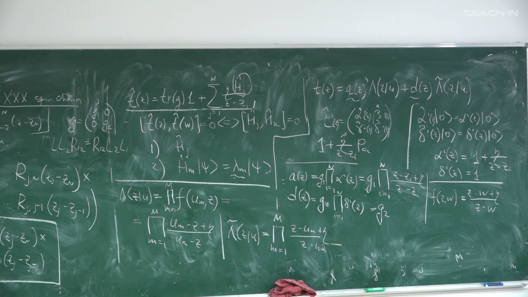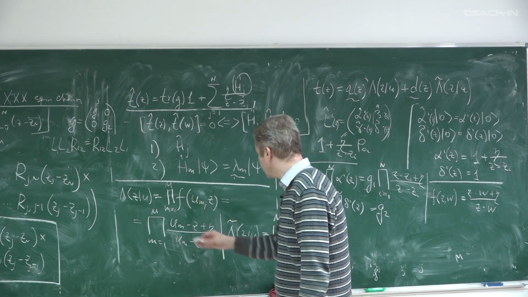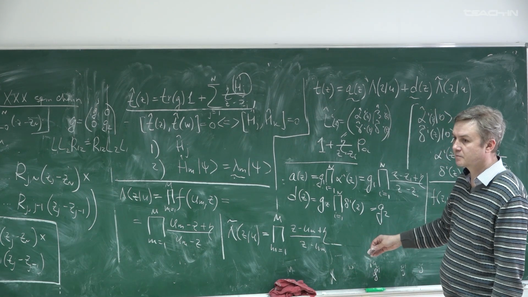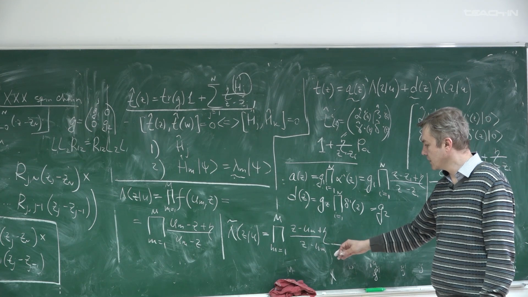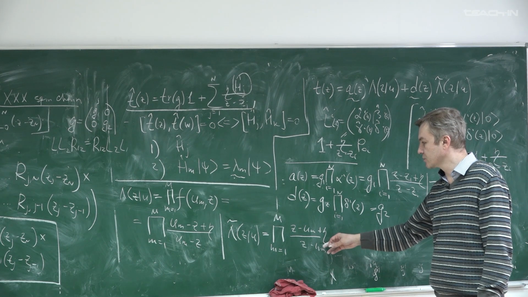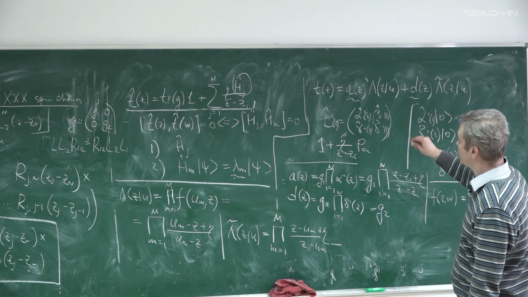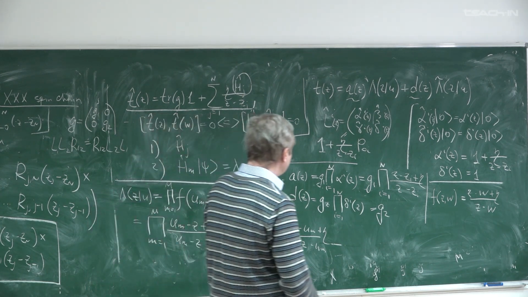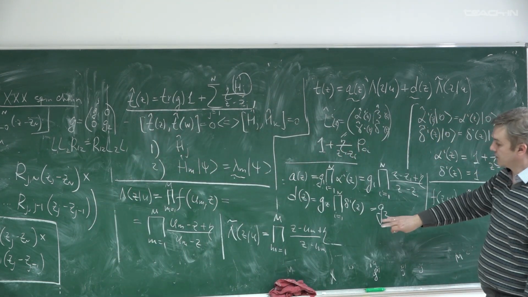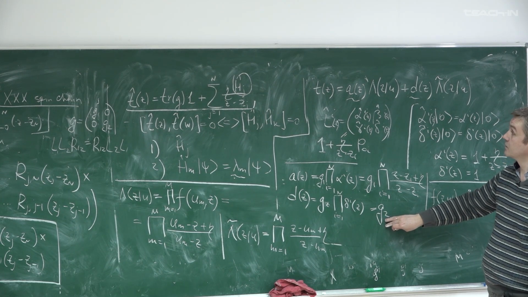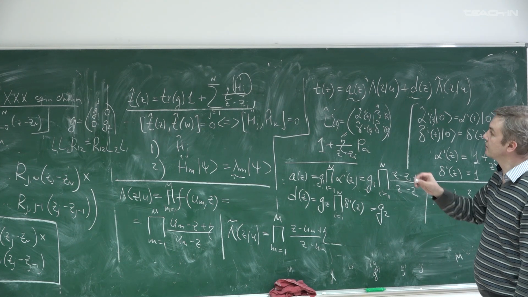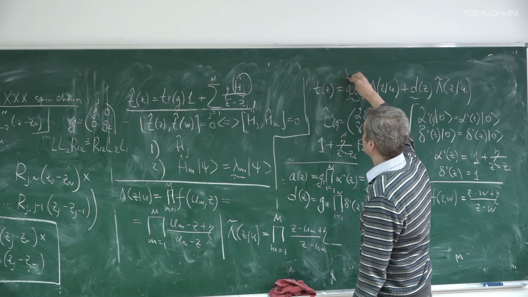You may easily see that, for example, these functions lambda and lambda tilde do not contain poles at these points zj. They contain poles at beta roots only. So there are no poles here, there are no poles here, and there are also no poles here, because this is just a constant. So the only non-trivial input into our answer comes from the poles of function A.